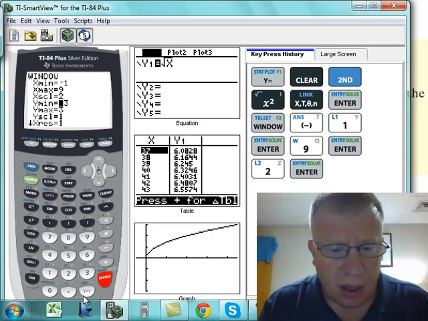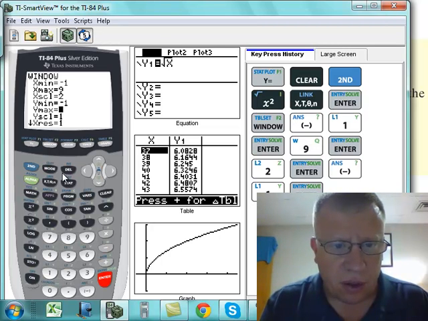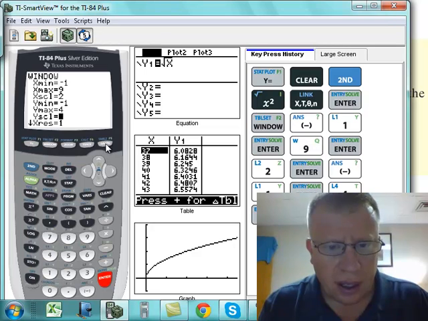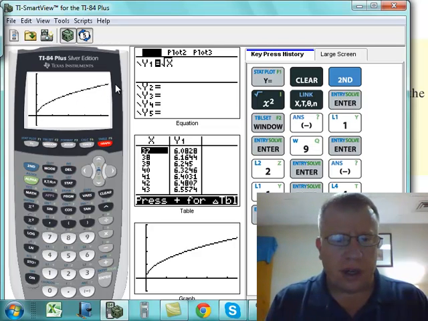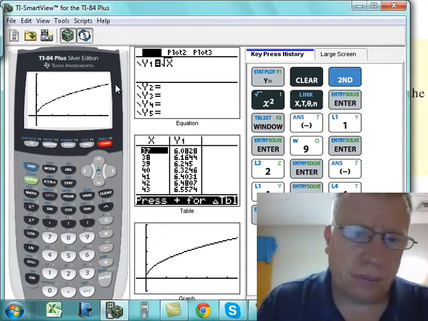And then y minimum, let that maybe be -1, enter, y max. Well, we know that the square root of 9 is 3, so actually, let's put y max at 4, enter. And the y scale could remain at 1. And then let's go ahead and graph. And boom, we see the nice square root function, the graph of it right there.